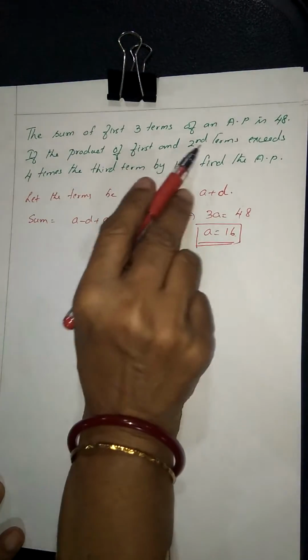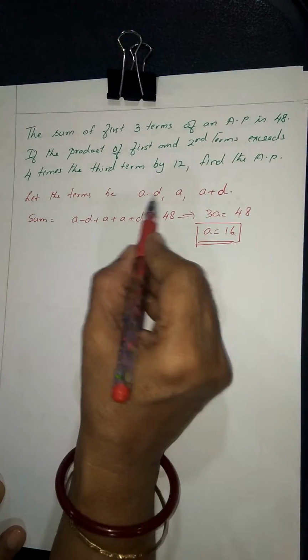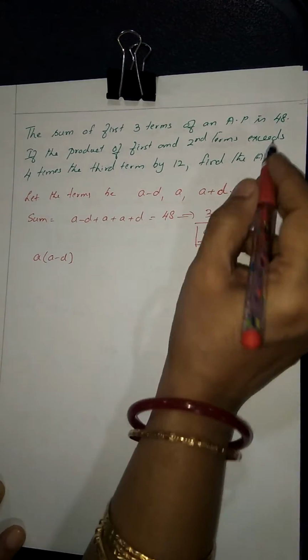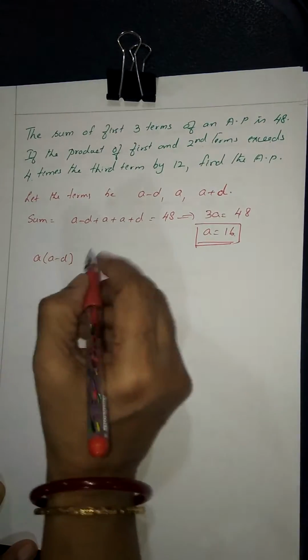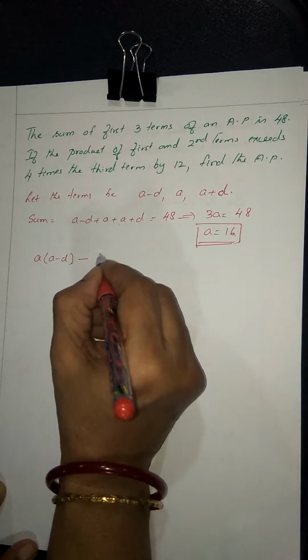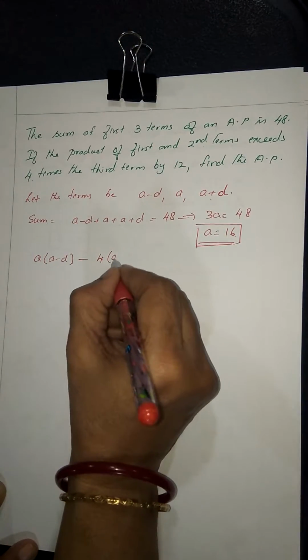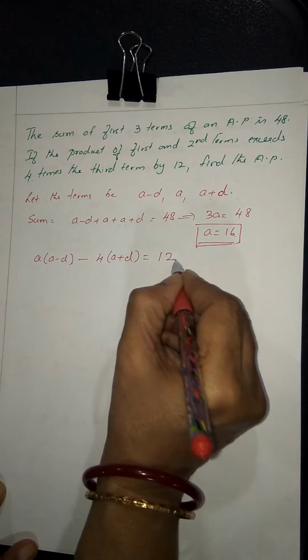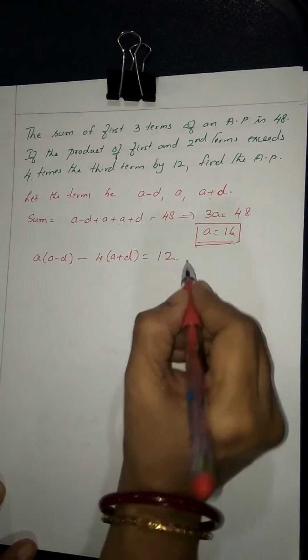Now the product of the first and the second term exceeds 4 times the third term by 12. So the first and the second term, a into a minus d, exceeds, meaning this is bigger, 4 times the third term, a plus d, by 12. So this is the equation.